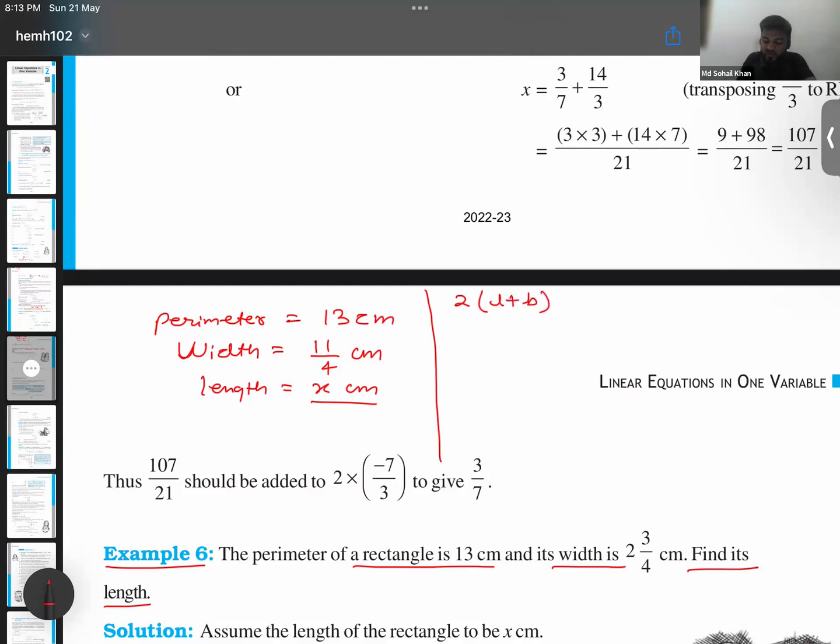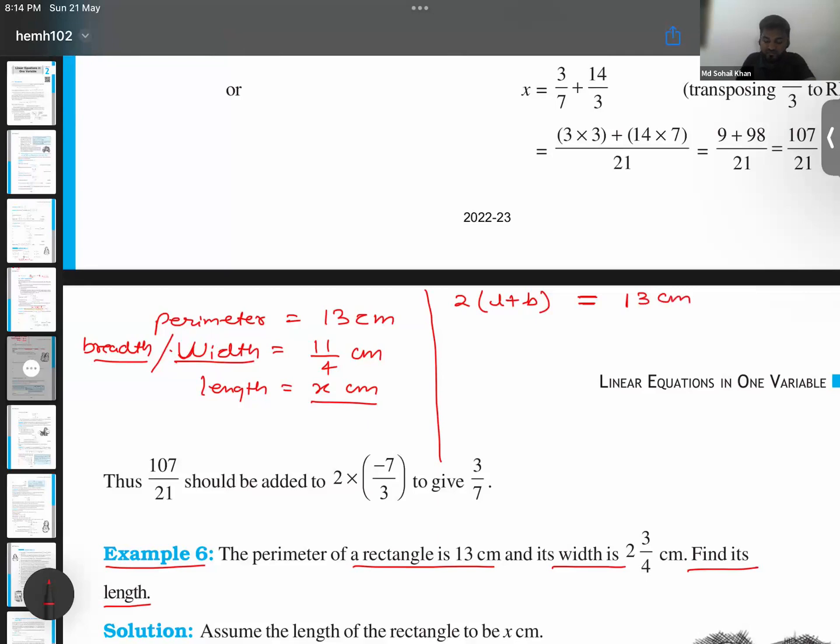Okay, length plus breadth. Breadth or width both are same. Whether you say breadth or width both are same thing. So as per the question, 2 multiplied L plus B, what is the value given here? What is the perimeter given in the question? It is 13 centimeter, isn't it?